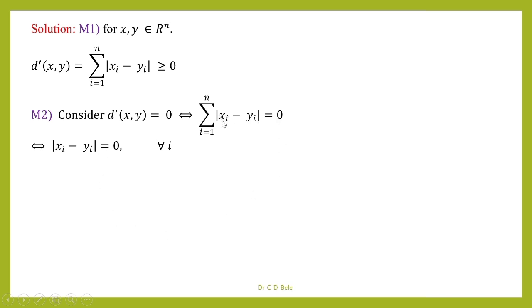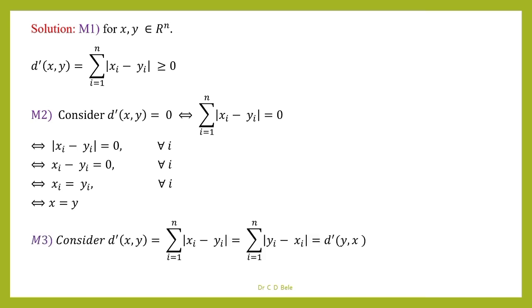Now the summation of absolute values is equal to 0 and therefore each absolute value must be equal to 0. From that we get xi minus yi equal to 0 and it gives xi is equal to yi for all i, and therefore x is equal to y, and hence it satisfies the coincidence.